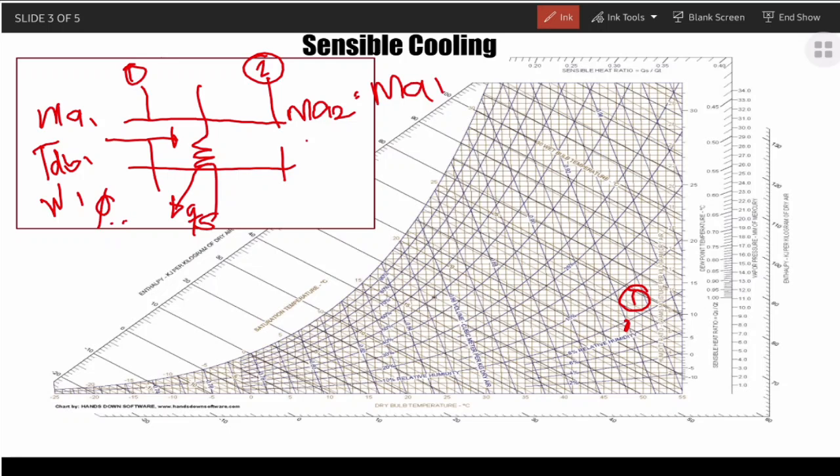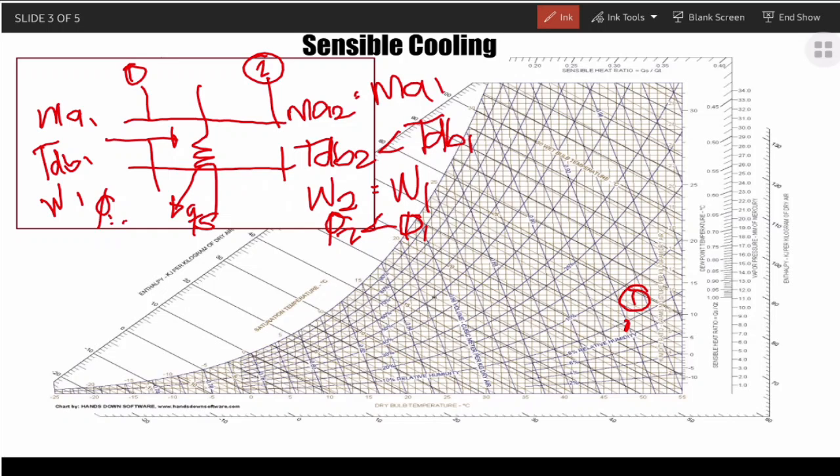But the dry bulb temperature 2 is lower than dry bulb temperature 1, since we are cooling. But the humidity ratio 2 is equal to the humidity ratio 1, since as we defined earlier, there is no change in the moisture content, and the relative humidity 2 is much higher than the relative humidity 1.